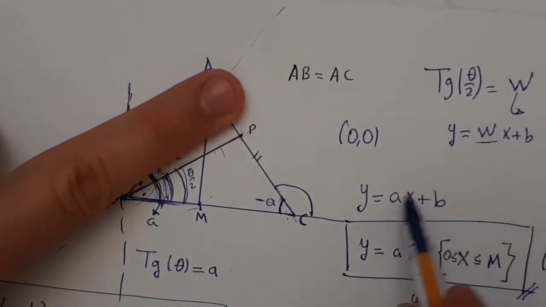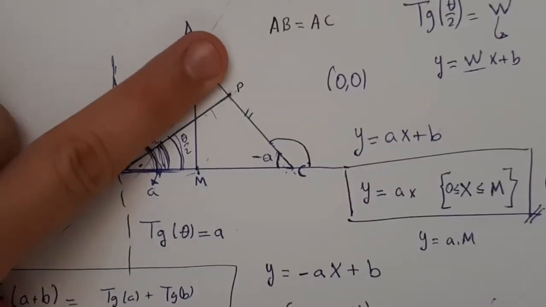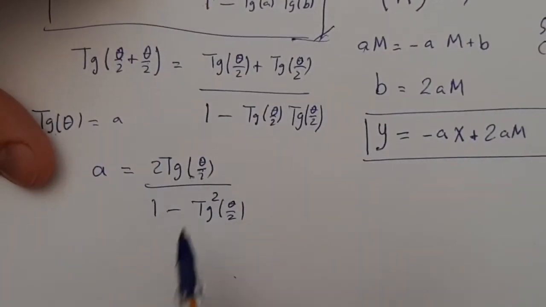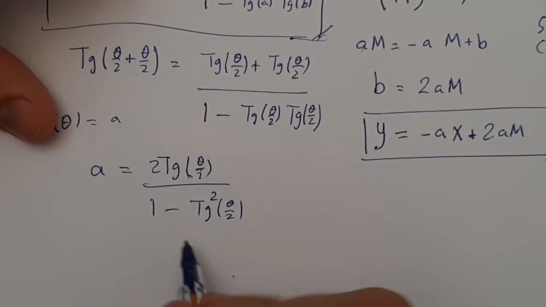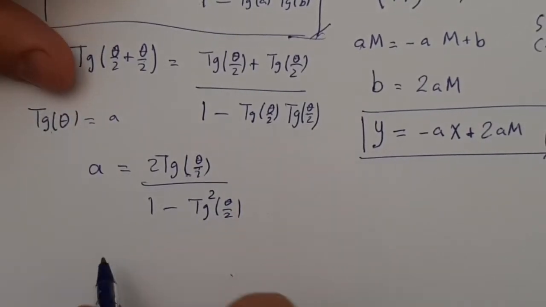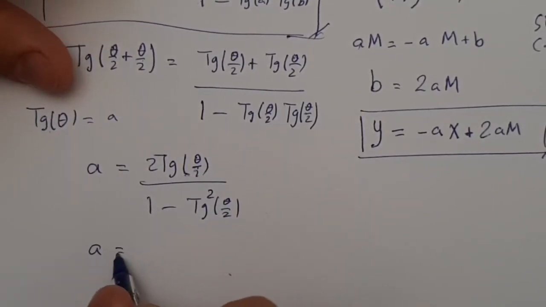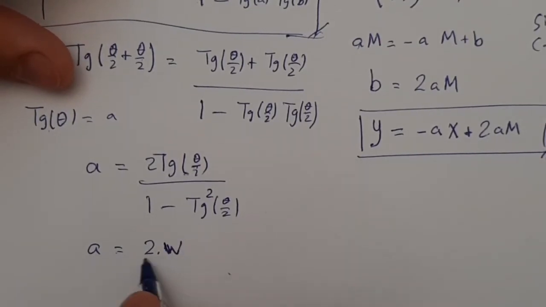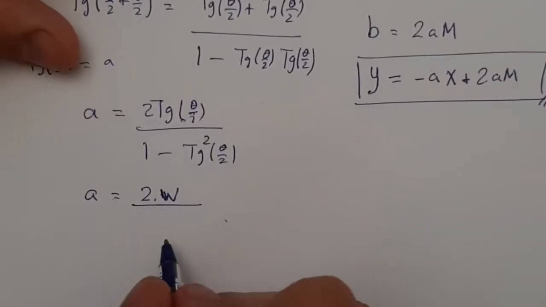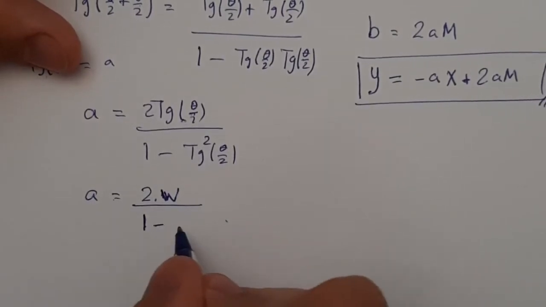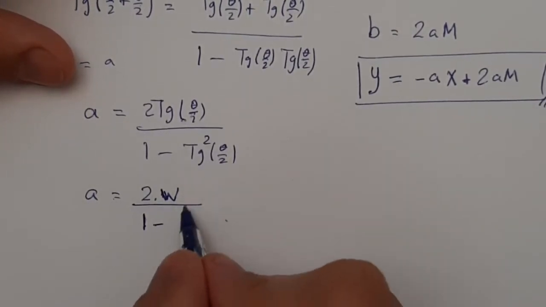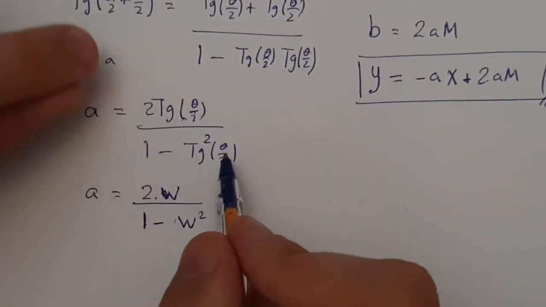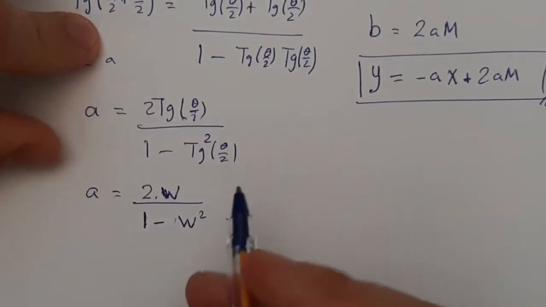It could be a, it's just that I used a already, okay? So remember that this is what we are looking for. So I'm going to call it w, okay? So a is equal to 2 multiplied by w, which is the linear coefficient. It was the name that popped in my head. And w squared, right? Because the linear coefficient is equal to the tangent of this angle.